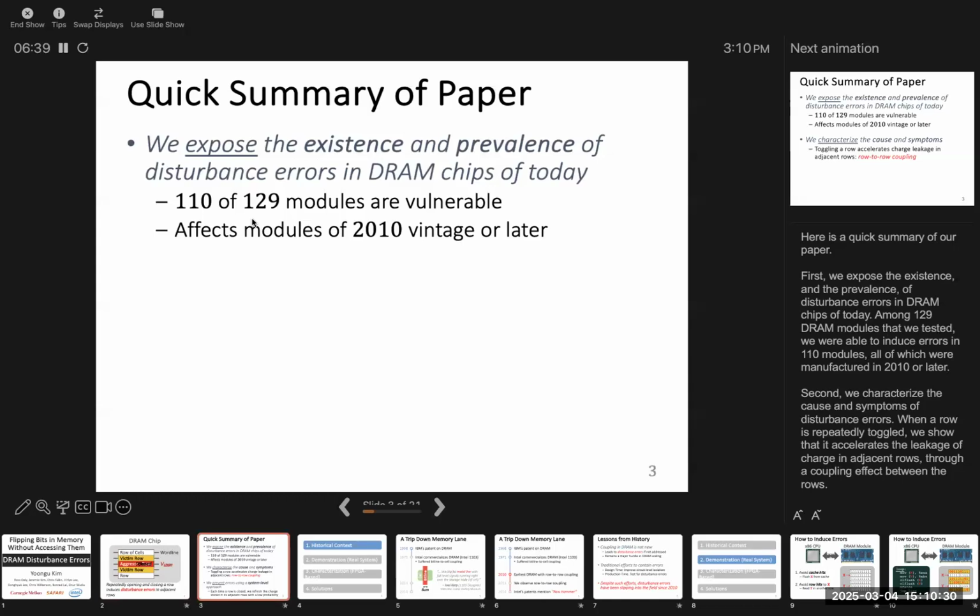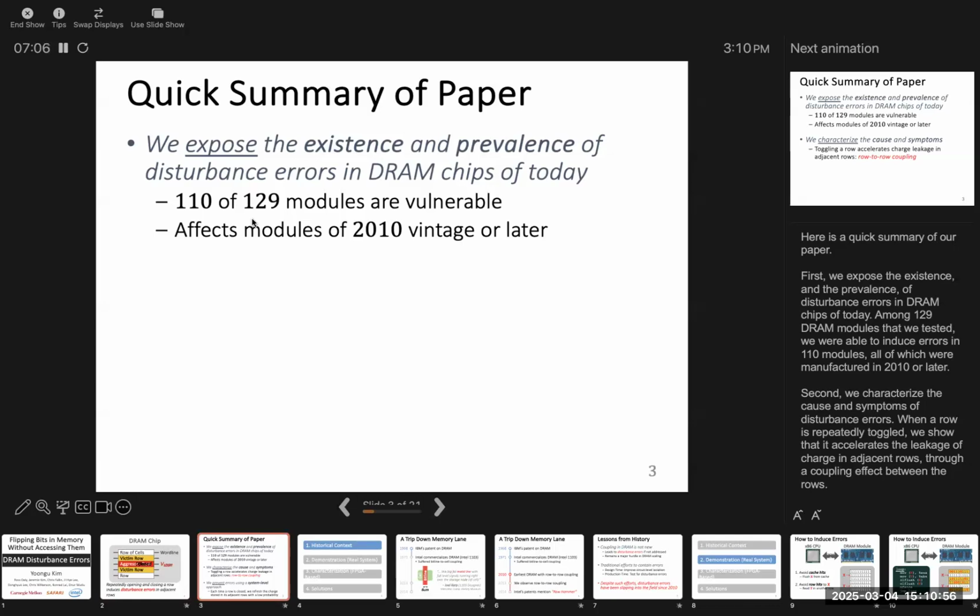Okay, so a quick summary of the paper. What they did is that they are not claiming that they are the first to discover that by repeatedly opening and closing a particular row in memory, we can induce errors. But what they are saying is that they are exposing that it exists and is prevalent in contemporary DRAM chips.